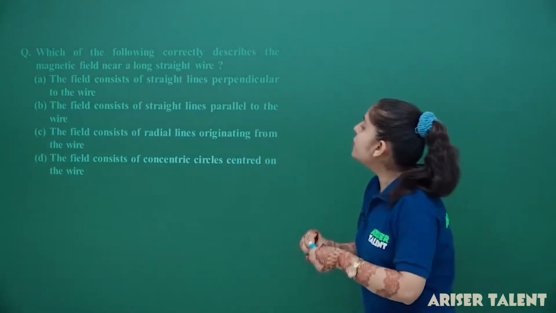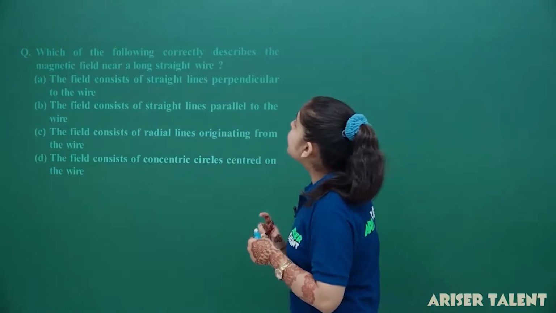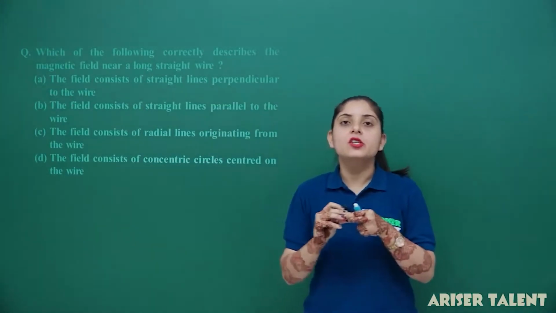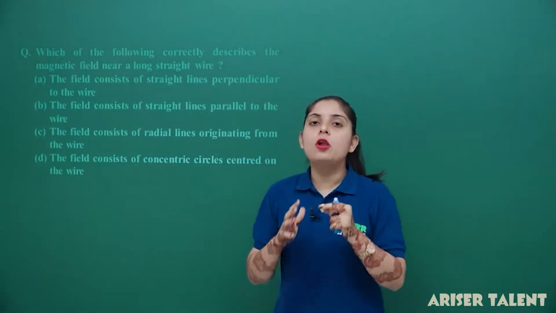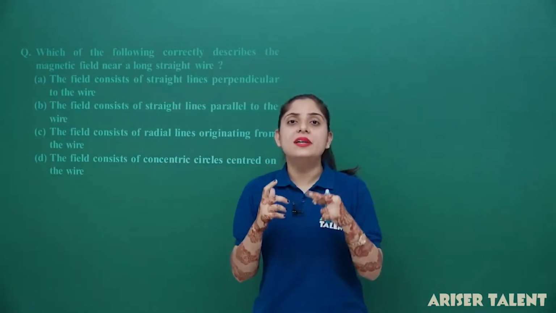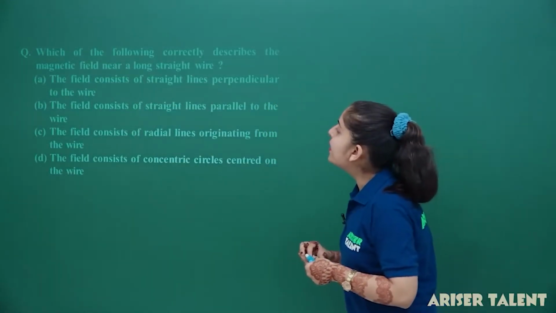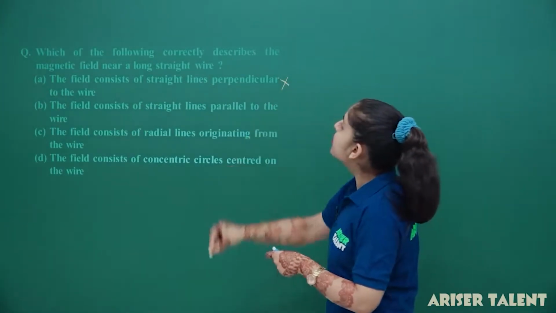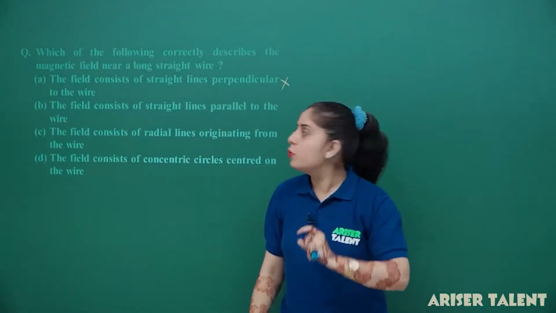Now what the first question is saying: which of the following correctly describes the magnetic field near a long straight wire? In case of a long straight wire, the magnetic field always exists in the form of concentric circles. The field consists of straight lines perpendicular to the wire. This will not be the correct option because it is not describing the magnetic effect due to a long circular conductor.